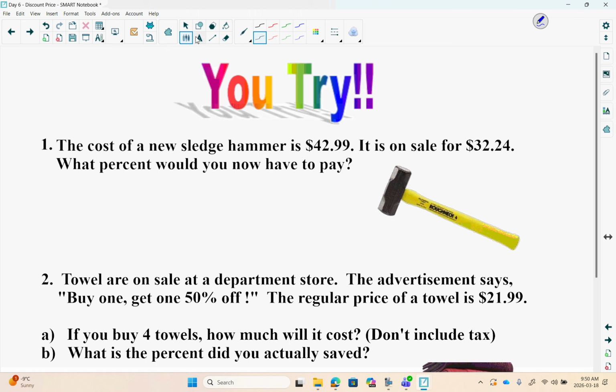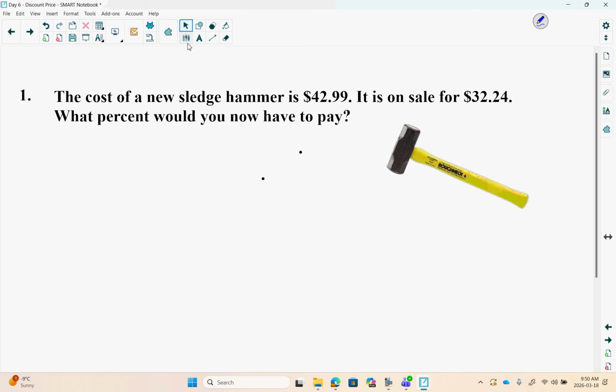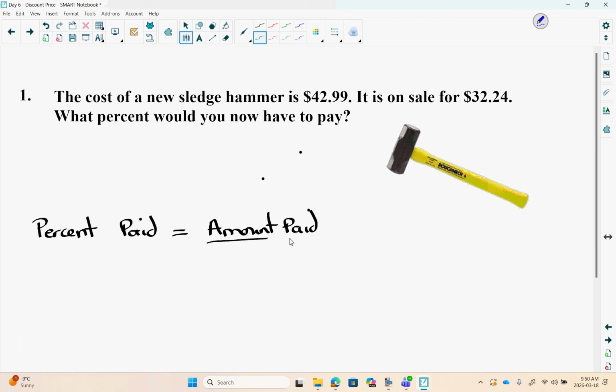So if I want to know the percent paid, what's the formula for the percentage paid? To figure out the percent paid, we're going to write down the amount we pay, and we're going to divide it by the original amount, and then we're going to multiply that by 100.